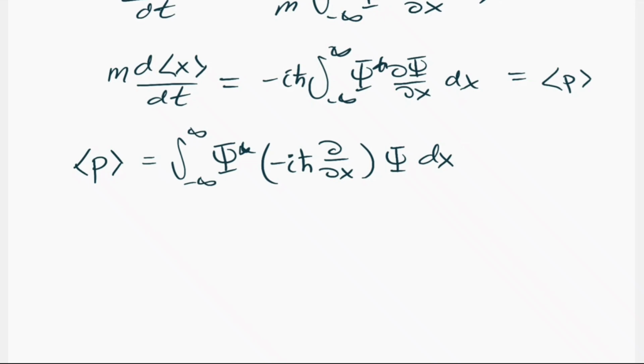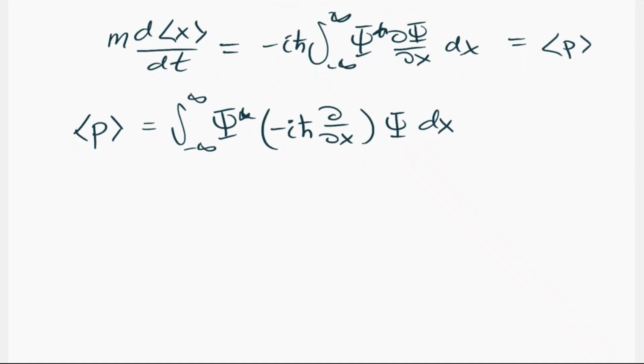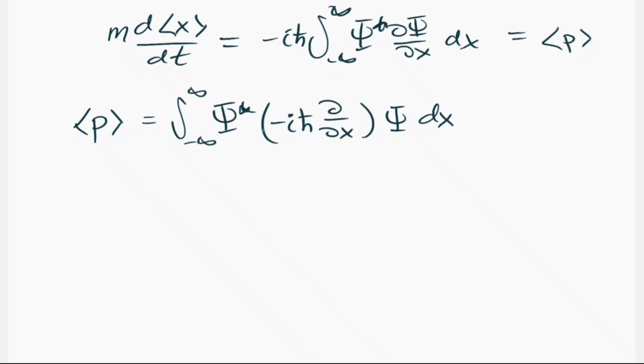What's really interesting now is, well, I should stop for a second and note that this is a very suggestive way of writing this, because we know that the momentum operator is, in fact, negative i h bar times the partial derivative with respect to x. So by definition, we have just figured out the momentum operator.